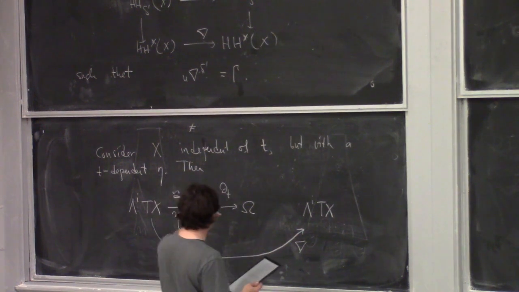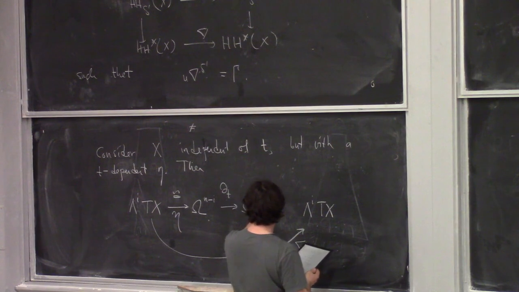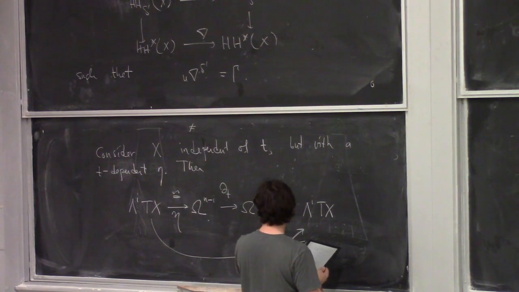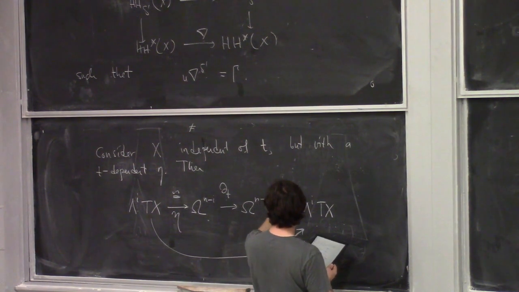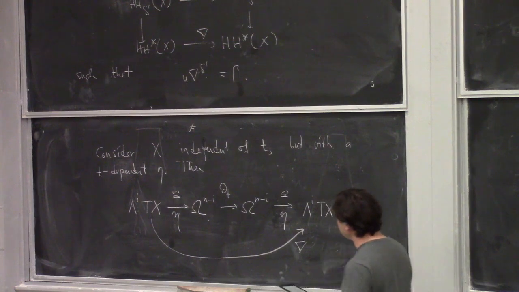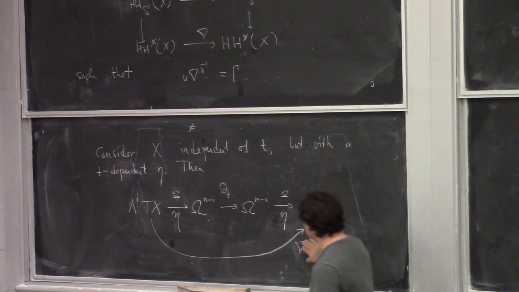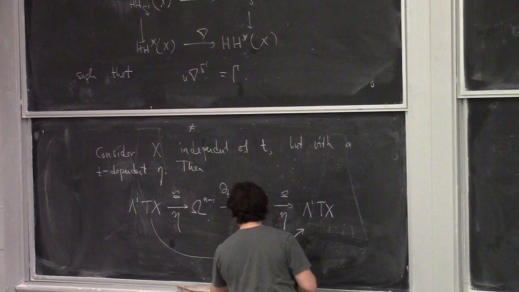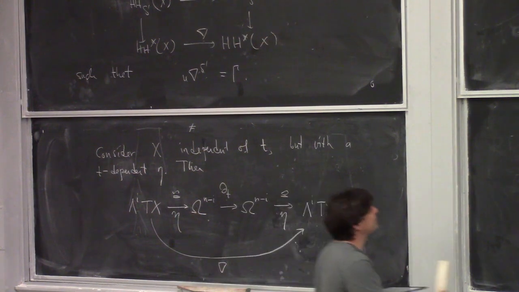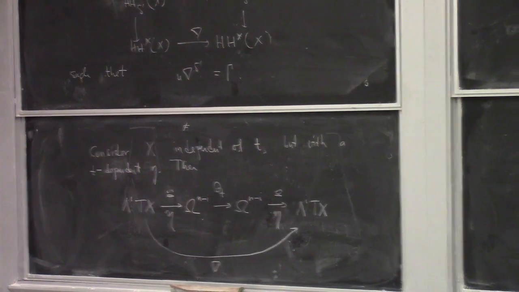And the only problem is because I insist on doing it for vector fields, so it looks like this. Okay, so this is what nabla is.